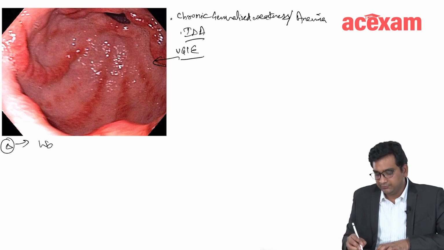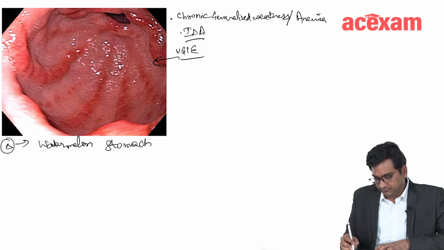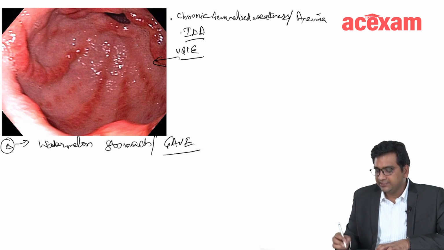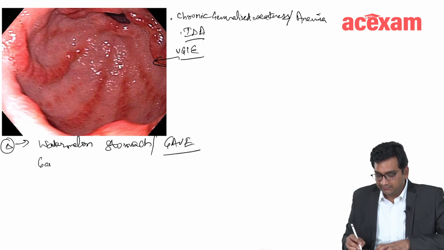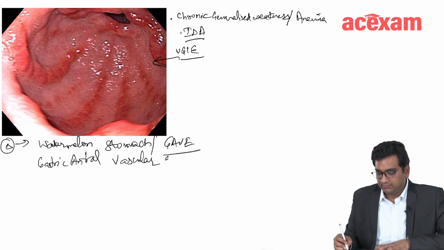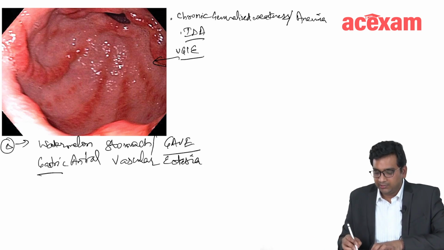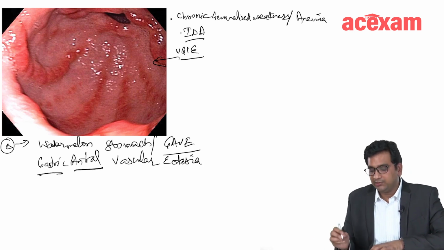So the diagnosis is watermelon stomach, or GAVE. This GAVE stands for gastric antral vascular ectasia. Okay.